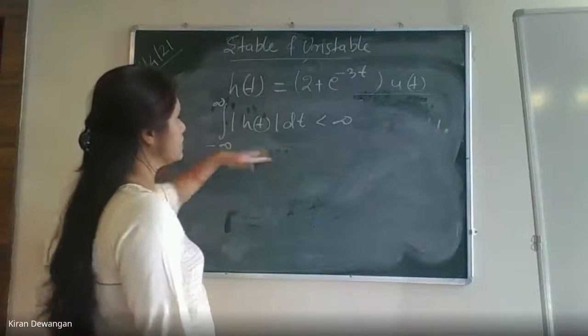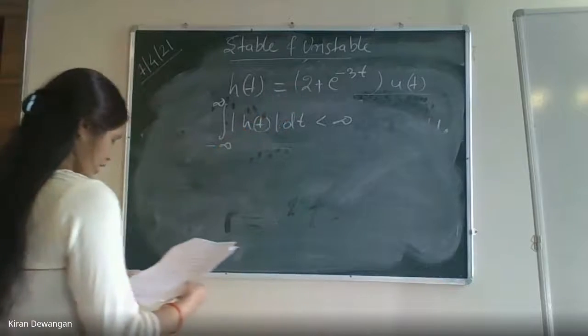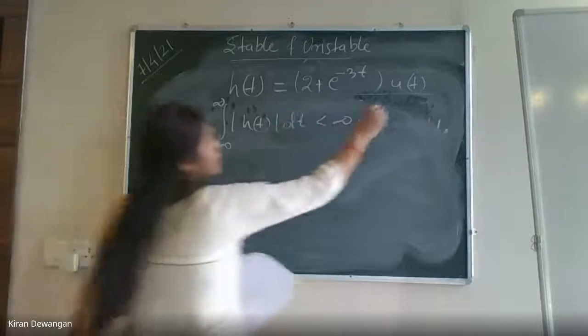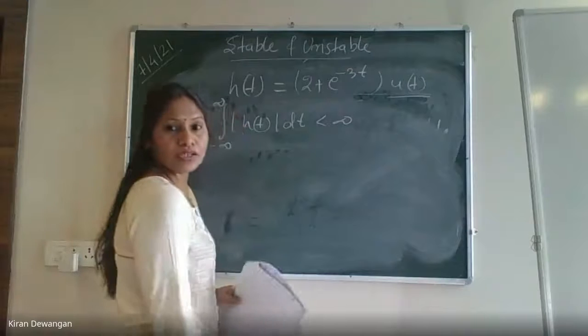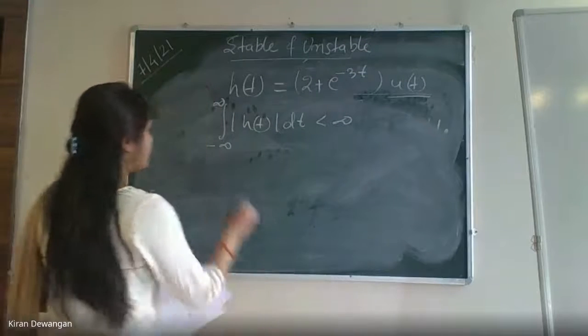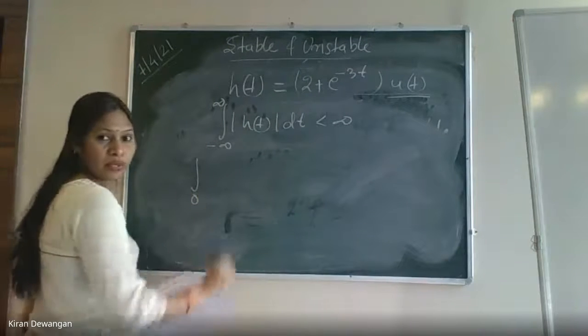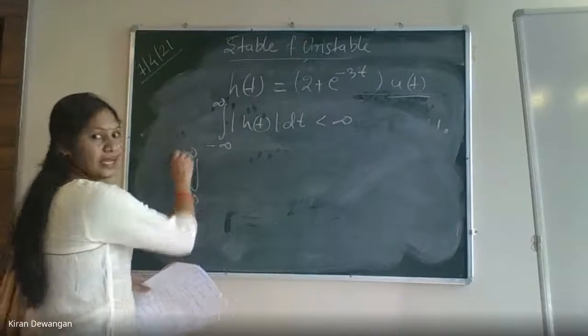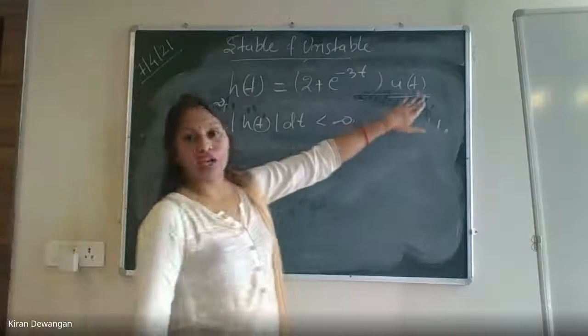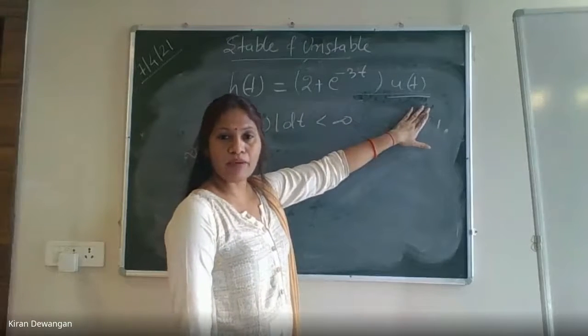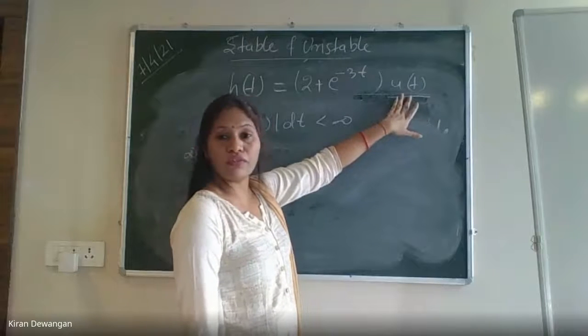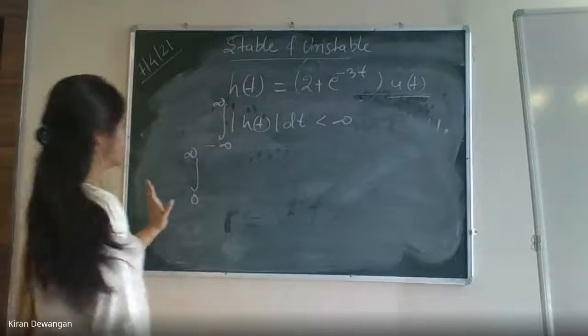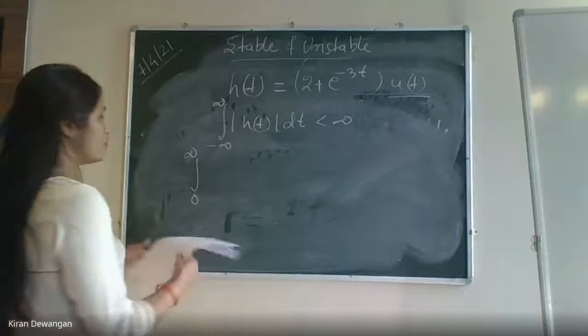Here we can just apply it. Since this has u(t) attached to it, what will be the limit? The limit will be from 0 to infinity because u(t) exists only for t greater than 0. So the limit will change from 0 to infinity.